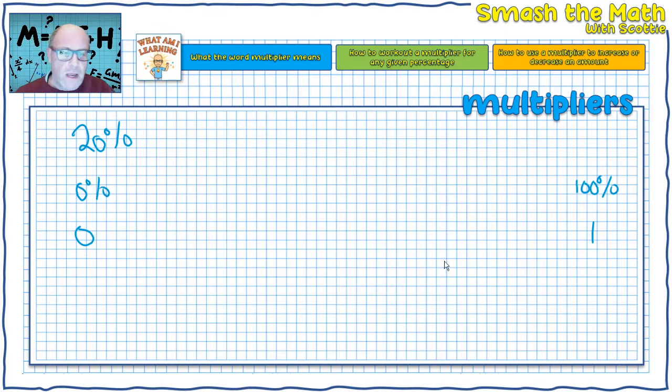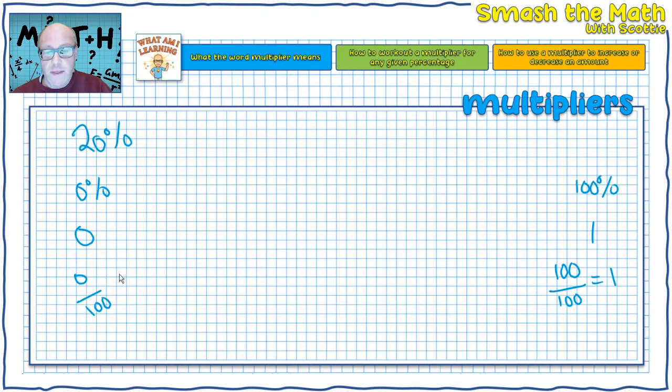Okay. Now, if you think about it, if I want to turn this 100% into a number between 0 and 1, I can divide it by 100, because anything divided by itself is always equal to 1. Okay, and likewise, if I want to work out what 0% is, I'll divide that by 100, because 0 divided by anything is 0.